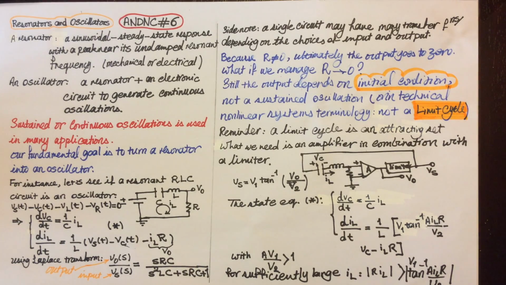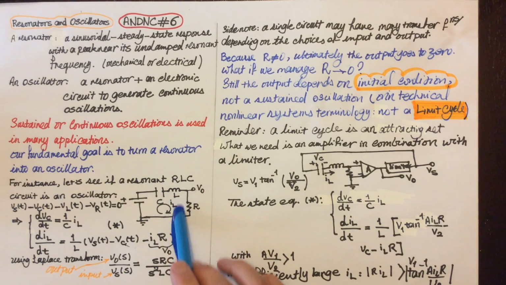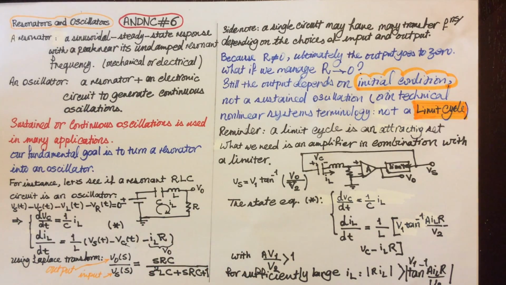If we were to write this down, we can simply apply Kirchhoff's voltage law in this loop and write Vs minus Vc, the capacitor, minus Vl, the inductor, minus Vr equal to 0. The algebraic sum of all voltage drops is equal to 0 in a closed loop. That's essentially a statement of Kirchhoff's voltage law.